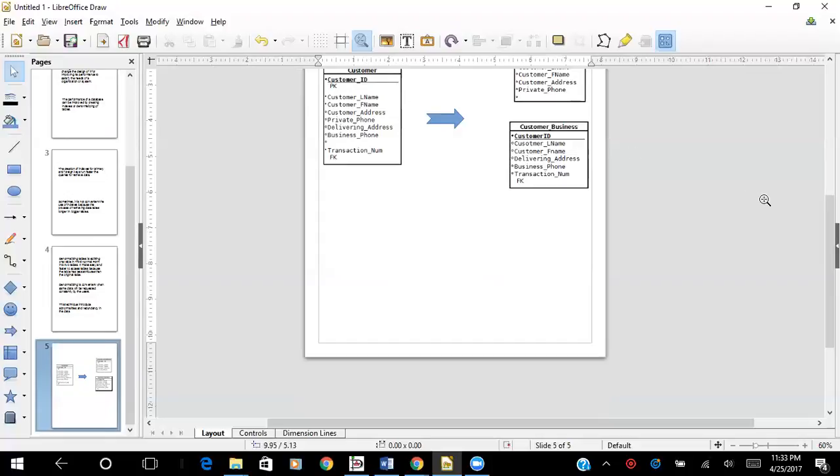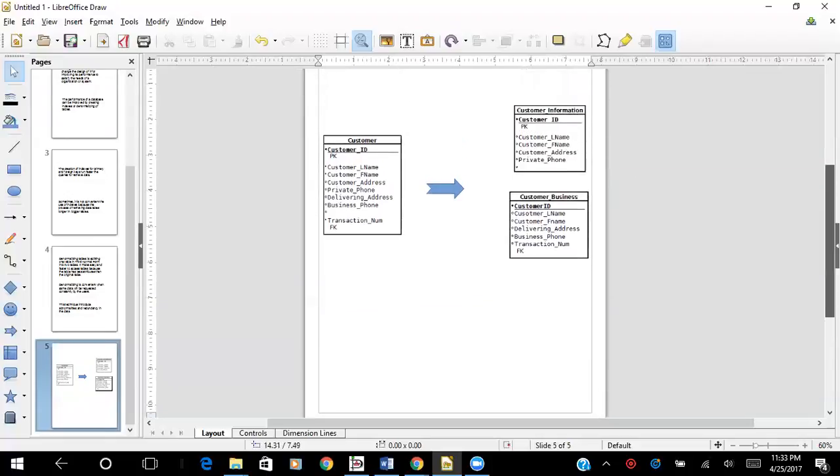So for some situations the normalization is good, and sometimes it's good to have some redundancy in the database, but it should always be under the control of the designer. And that's it.